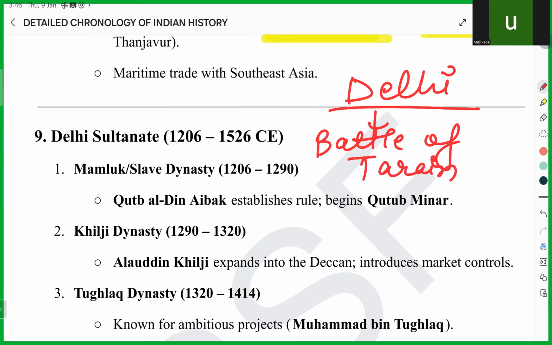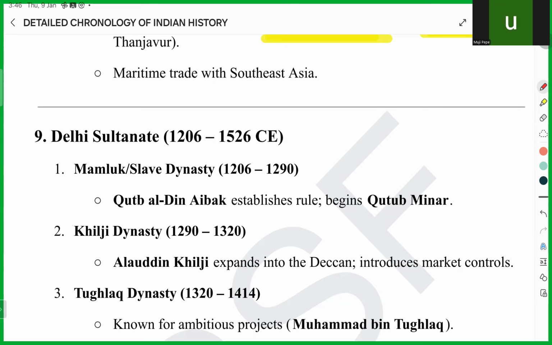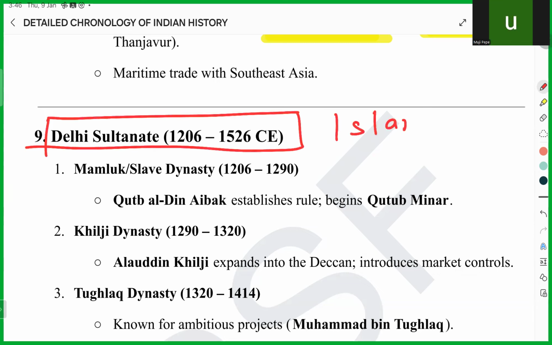In the first battle, Prithviraj Chauhan was able to defeat the Afghan Islamic hordes. But in the second battle, he was not able to defeat them. And finally, what happened was that India fell into the Delhi Sultanate, or finally Islamic rule.